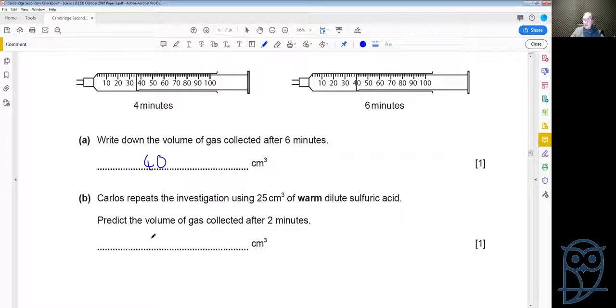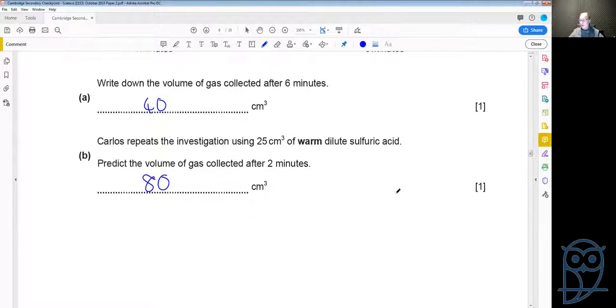So you can write 60 cubic centimeters, we can write 80 cubic centimeters, it will be marked right. As long as it is bigger than 40, it will be marked right. In the memo, it will say something like mark if between 50 to 100 cubic centimeters or something.